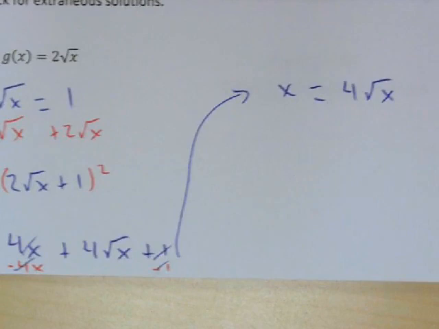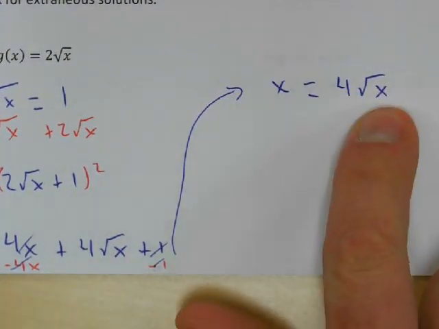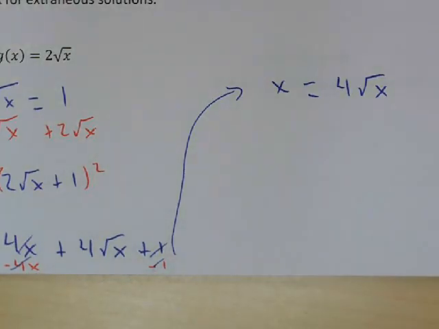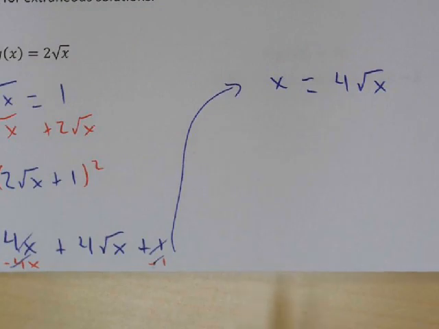Okay. All right, now we have a choice. We can either divide by 4, get this radical completely by itself, or can I just square both sides right now? Sure, and I'd rather do that because I don't want to create fractions until I absolutely have to. Okay, and we can square this now because even if we square it now, it'll still get rid of the radical, and that's what we're trying to do.